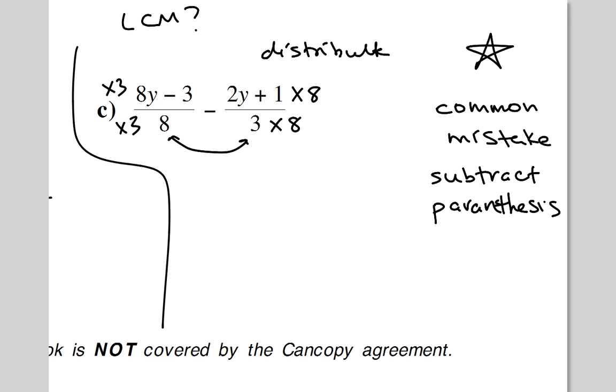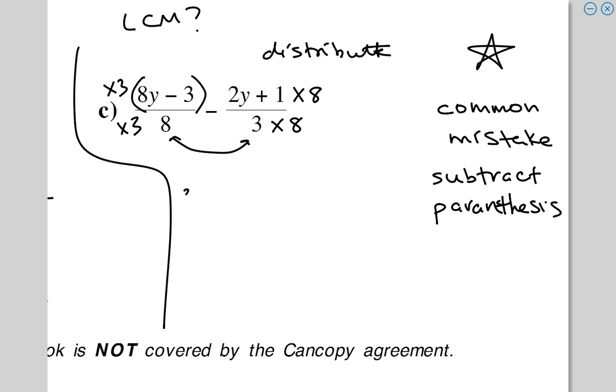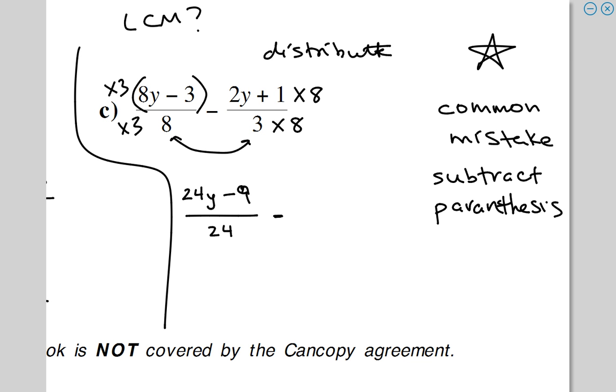I put distribute, that's kind of funny. Then times the top by 3, you get 24y minus 9 all over 24. Everyone okay with that? Distributing this 8, we get 16y plus 8 all over 24.